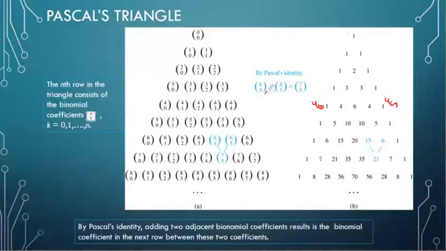If you take the example of 6C4, 6C5 and 7C5, it will satisfy the property nC(r minus 1) plus nCr is equal to (n plus 1)Cr.